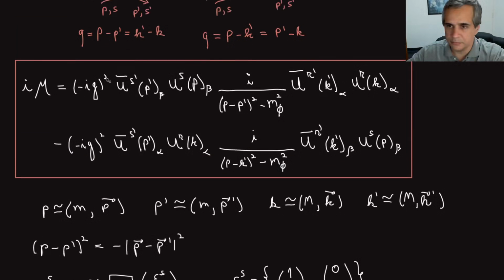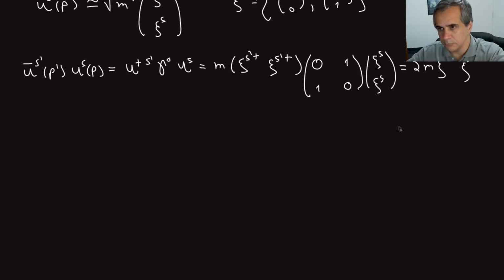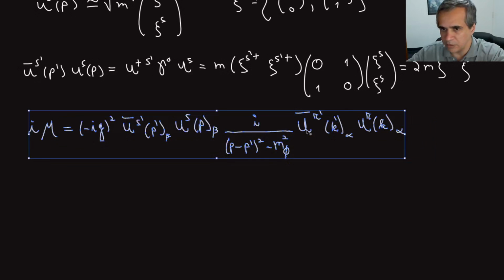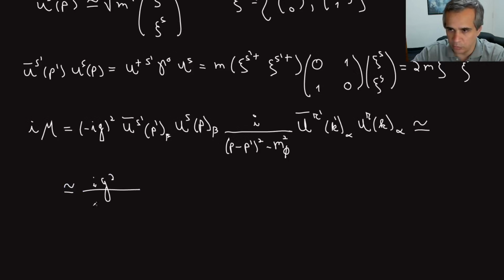Let me copy it. Now they are distinguishable. I only really need this. And in the non-relativistic limit, this is just, let me get all factors of i and g here, it will be i g² over the square of vector p minus vector p′ plus m_φ², right?